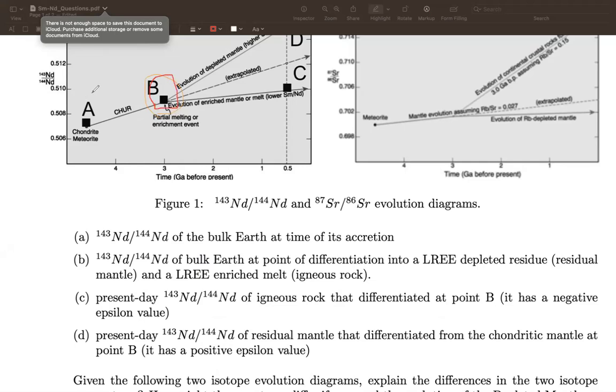B. After constant evolution, 4.5 billion years is the time of accretion. It's here.